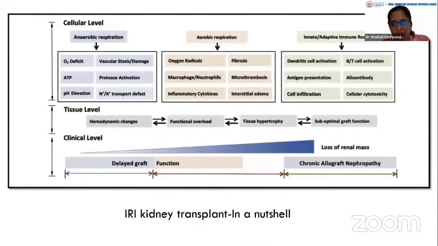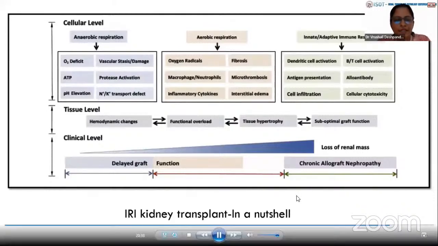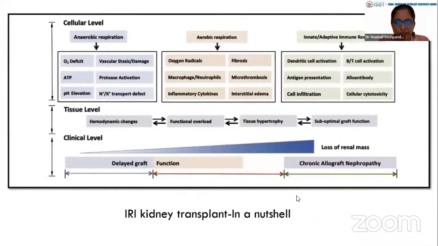Now, to summarize the ischemia reperfusion injury in a kidney transplant in a nutshell, we have seen at the cellular level how ischemia is causing damage to the tubular and endothelial cells, how it is causing formation of reactive oxygen species, and it is damaging the cell, causing necrosis and apoptosis, and how after this initial insult, it is priming our innate and adaptive immune responses and making a background for future episodes of cellular and humoral rejections.